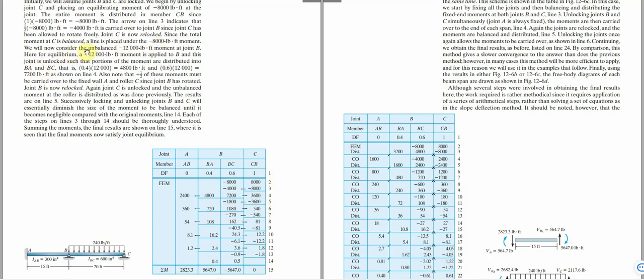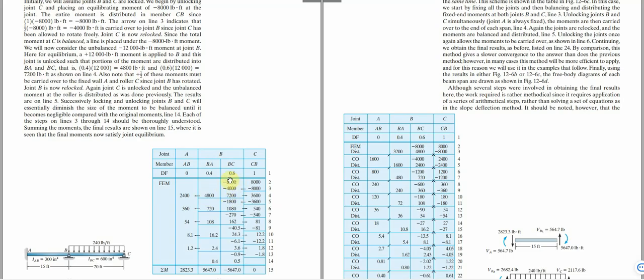We will now carry the unbalanced minus 12,000 ft-lb moment at joint B. If you add this plus this, that's the minus 12,000 that they're talking about. Now we distribute it to BA and BC. How are we going to distribute it?